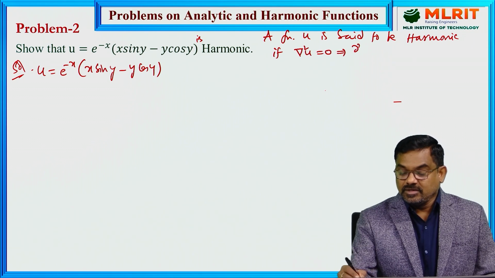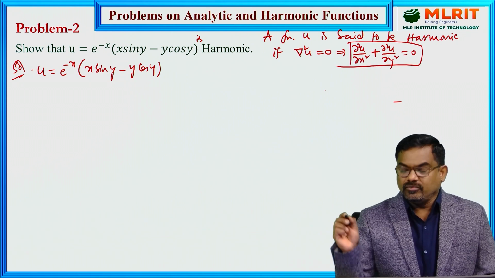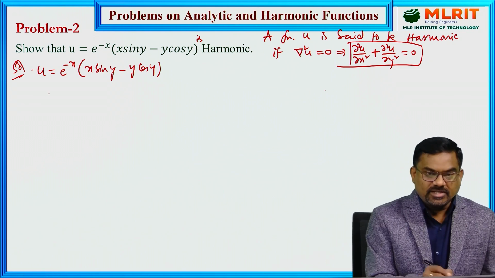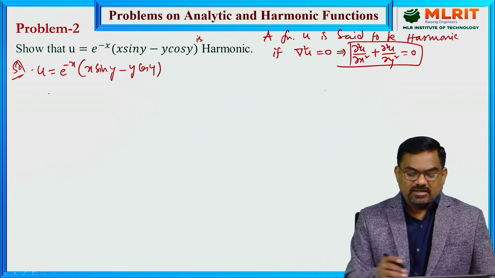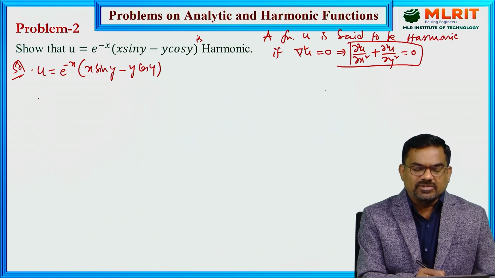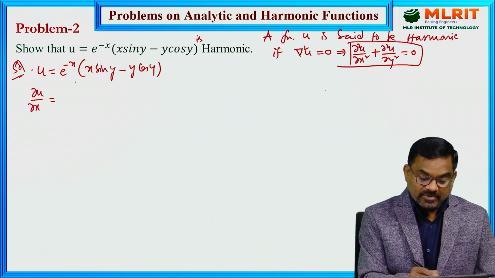That implies dou square u by dou x square plus dou square u by dou y square is equal to 0. We need to check this condition. So, for that reason, let us find the first and second order partial derivatives of u. Now, first dou u by dou x, with respect to x.